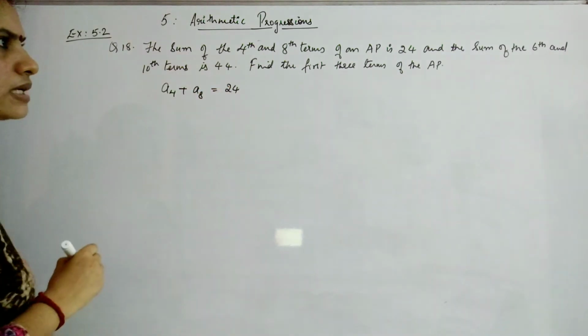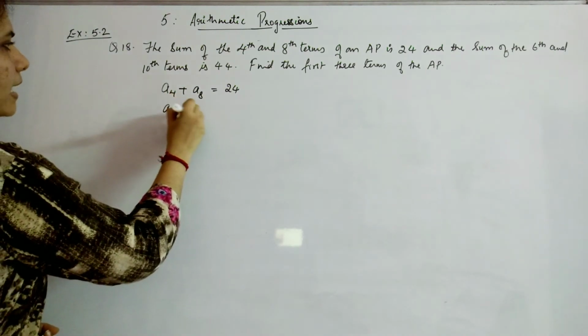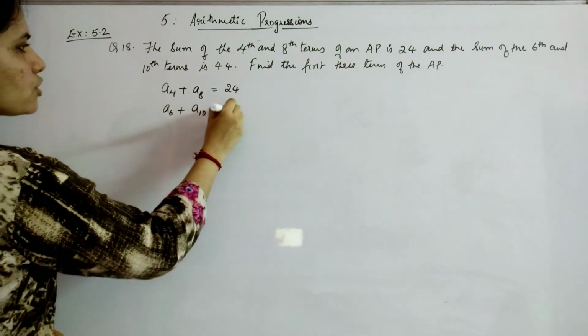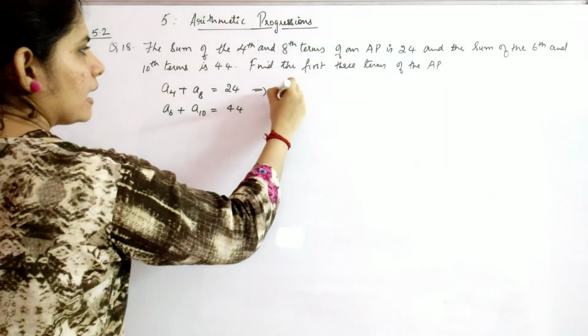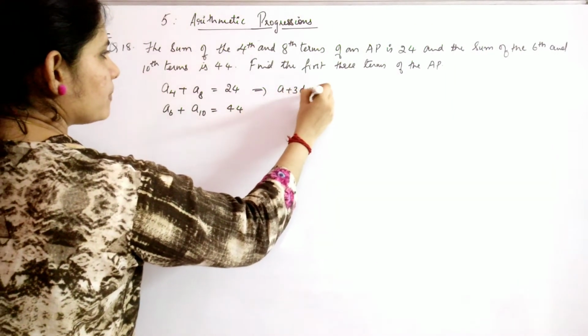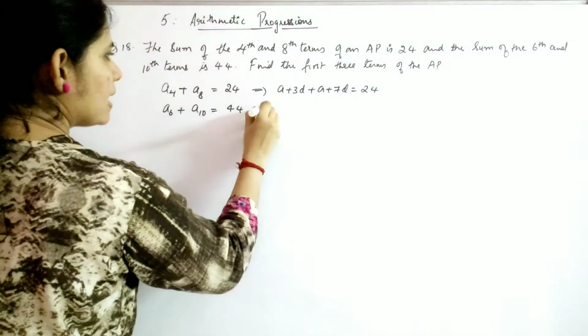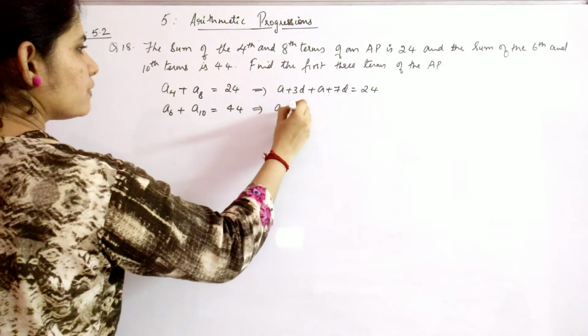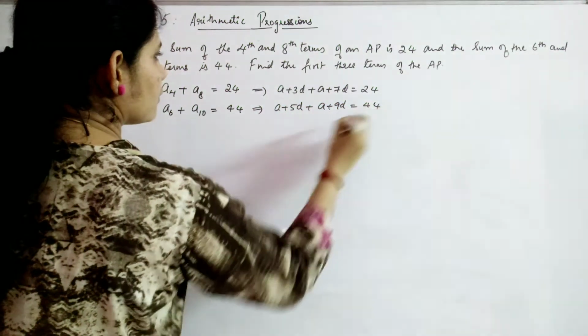This is one thing which they have given, and the other thing is sum of 6th term and 10th term is given to be 44. So from this you can write A4 is A plus 3D plus A plus 7D is equal to 24, and second one will give you A plus 5D plus A plus 9D is equal to 44.